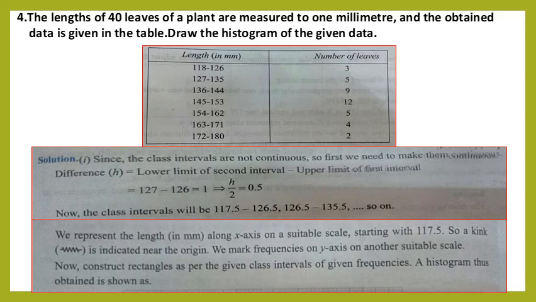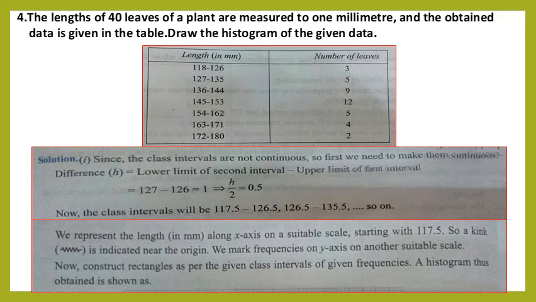Before drawing the histogram, we have to make the class intervals continuous. For making the class intervals continuous, we have to follow the following steps. The difference between the lower limit of the second class interval and the upper limit of the first class interval is h.